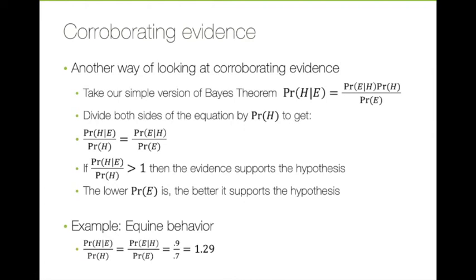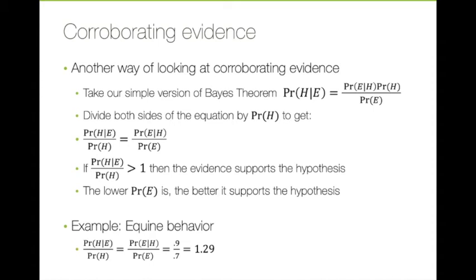So for example, take our equine behavior case. We were given that the probability that we saw the horses look from their left eye, given that they recognize the faces, would be 0.9. And we calculated that the probability of E, that was that long denominator given by the law of total probability, was 0.7.